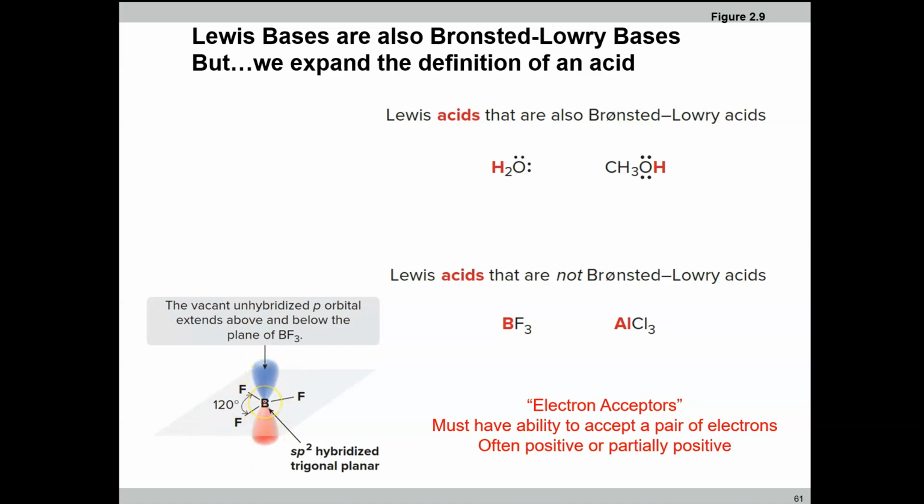And since it's partially positive, those electrons will be attracted to it. So in a Lewis acid definition, electron acceptors have to have the ability to accept a pair of electrons. It means they're usually positively charged or partially positive, or have openings or vacancies in electron orbitals.